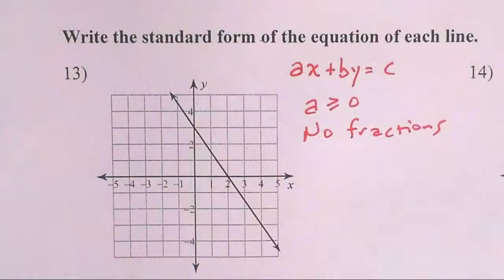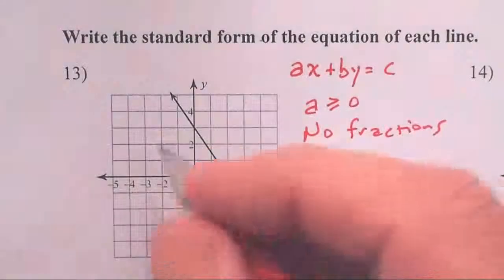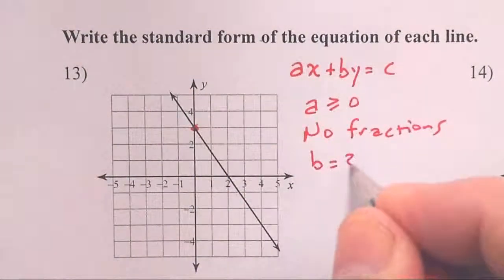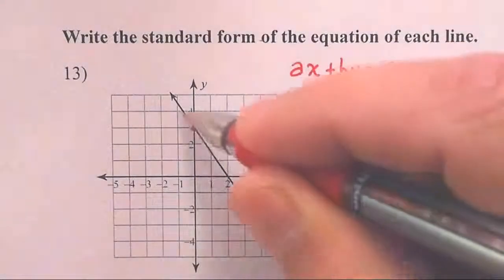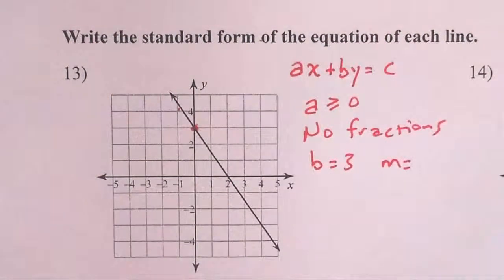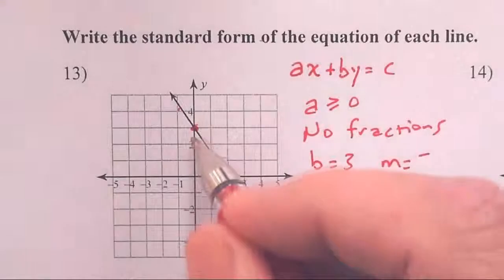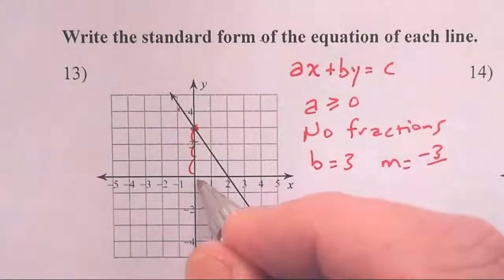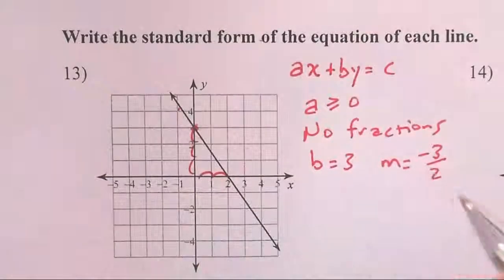So the first thing I might do is take a look at the line and I see I have a y-intercept of 3. I have a line that is going downward, so my slope is negative, and it's going down 1, 2, 3. It falls 3 as it runs 2.